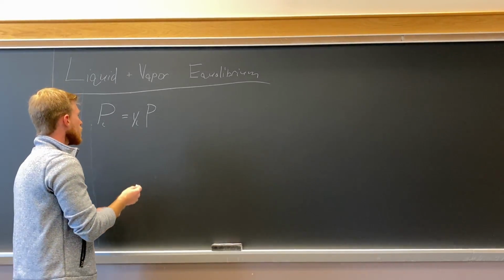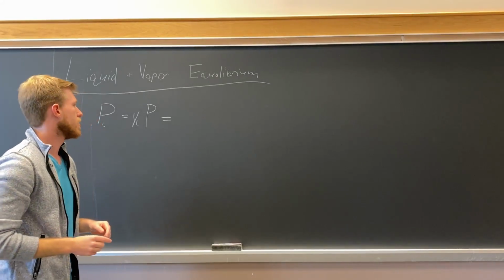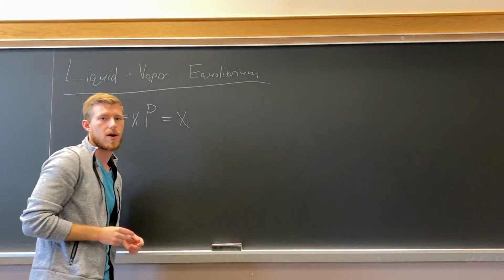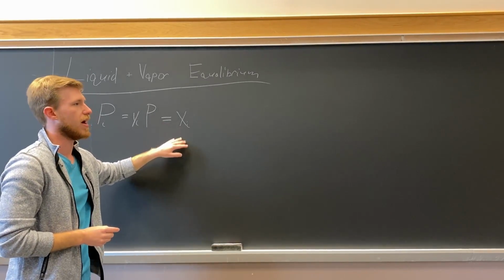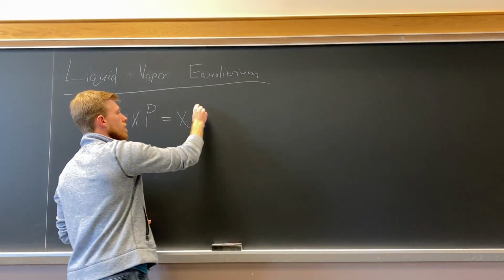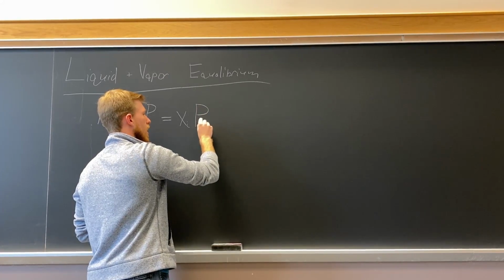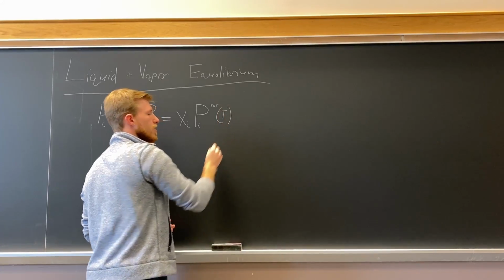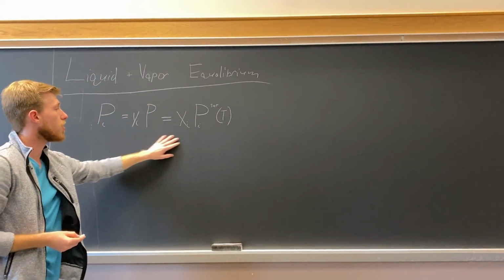Now, because of Raoult's law, we also define the idea that the liquid composition comes into effect as well. For a liquid mole fraction, X of i, if you multiply that by the saturation pressure, P i saturation, which is also a function of temperature thanks to things like the Antoine equation, we have a three-part Raoult's law.